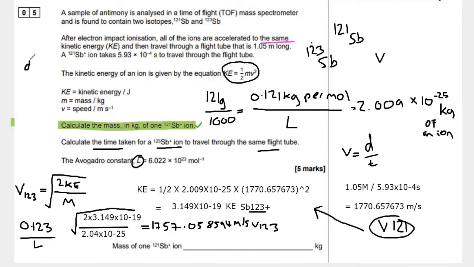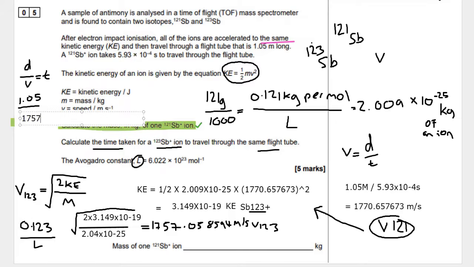So D over V equals T. That's going to be 1.05, and we're going to divide that by our velocity, which is 1757. And let's see what we get.